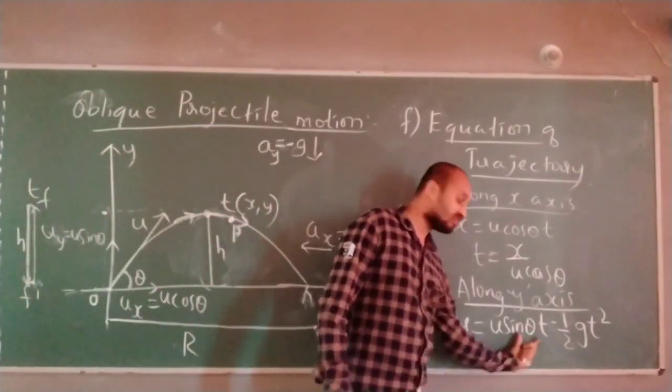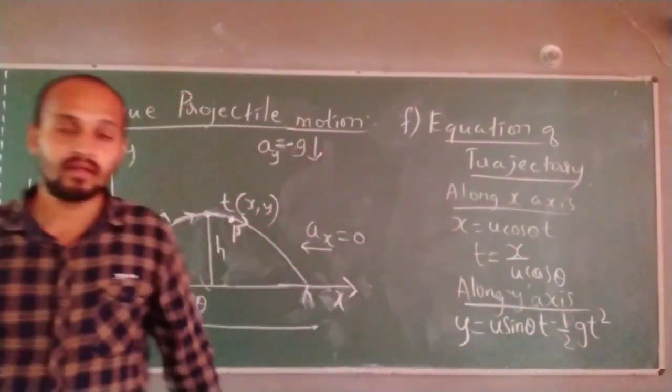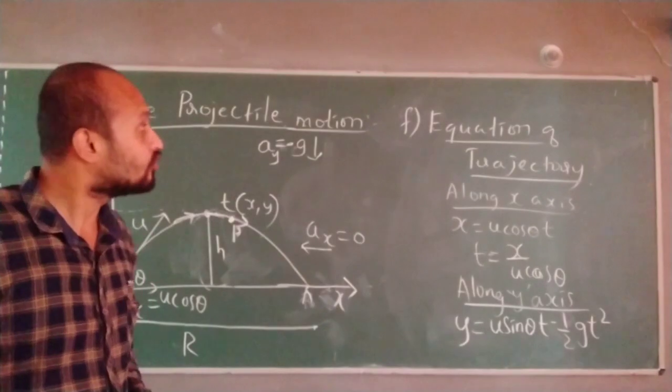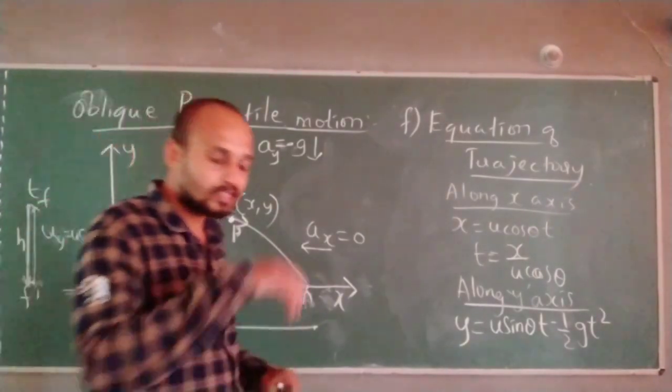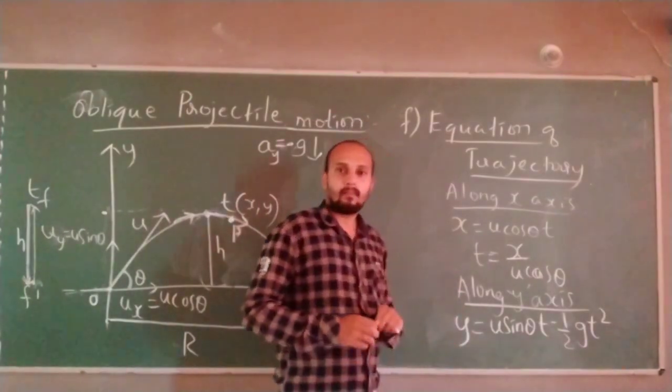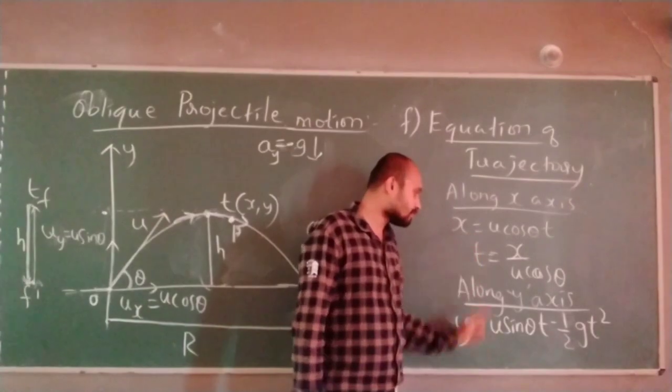What is my target? To find the trajectory of the projectile motion, or equation of trajectory, or path followed. My target is to find the relation between x and y.